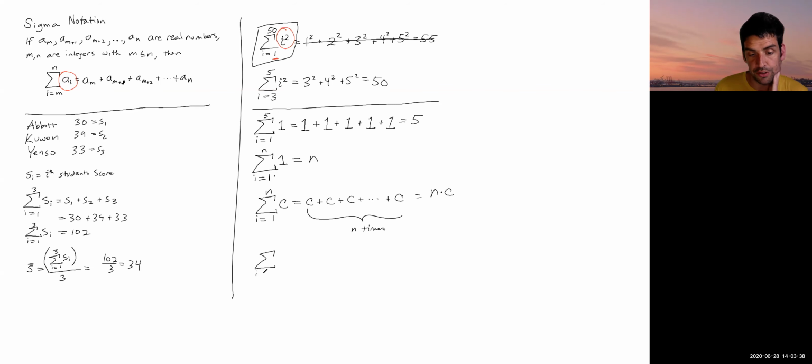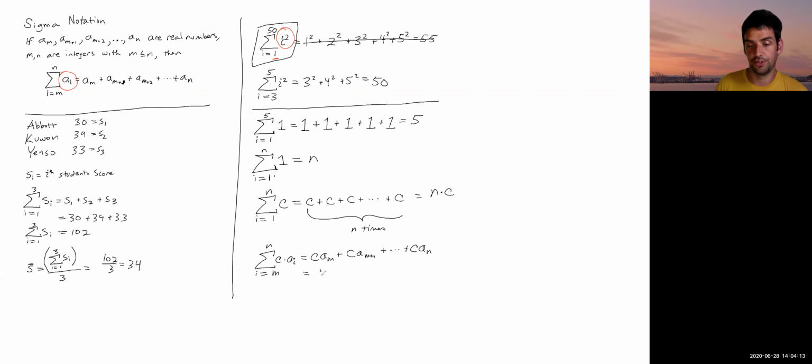If I were to say i equals m to n of c times a sub i, right? c again is just a real number. Well, what does this mean? This means take this real number, multiply it by a sub m, take this real number, multiply it by a sub m plus 1, take this real number, multiply it by a sub m plus 2, until you get to c times a sub n.